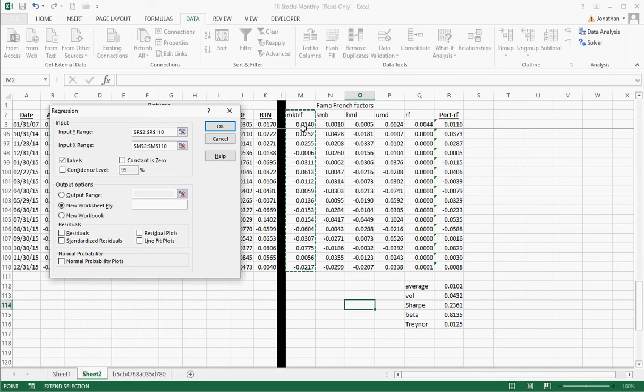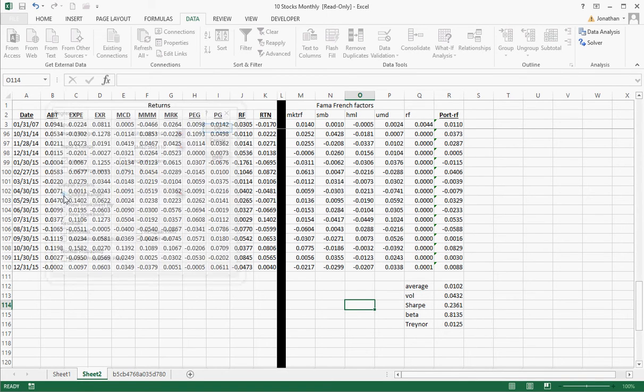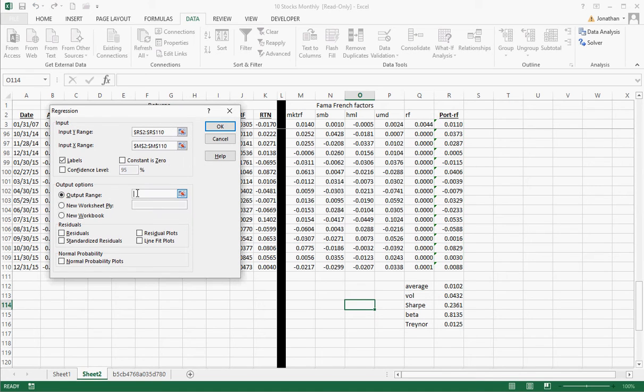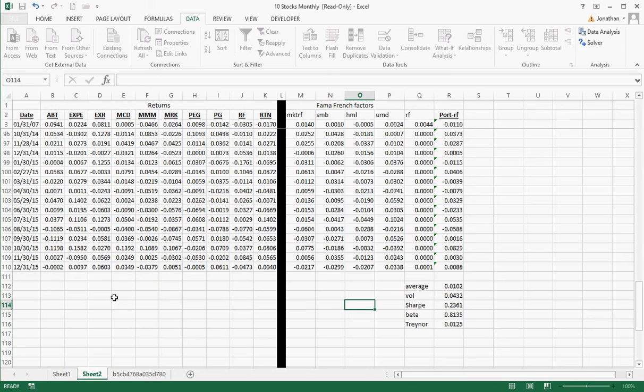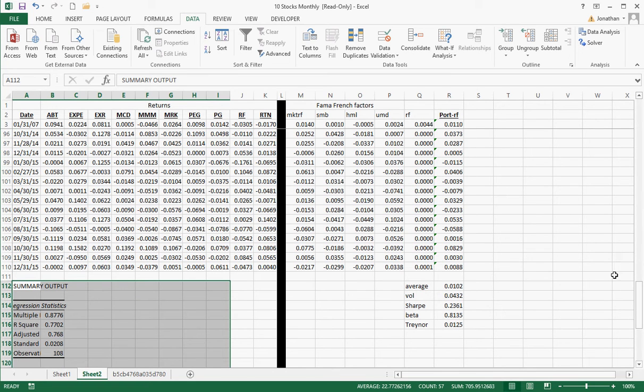Period, control down, got it. Click on output range, and make sure you click in there. Excel can be real sensitive. If you're not clicked in there, it's going to mess things up with your Y and X range. Now we have 2 to 110, 2 to 110. Those have to be the same. So just put the output over here, click OK, and it's going to give me my regression printout.